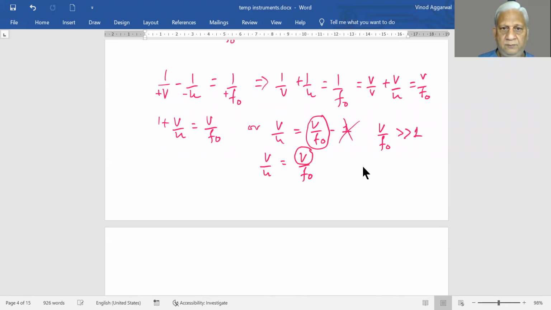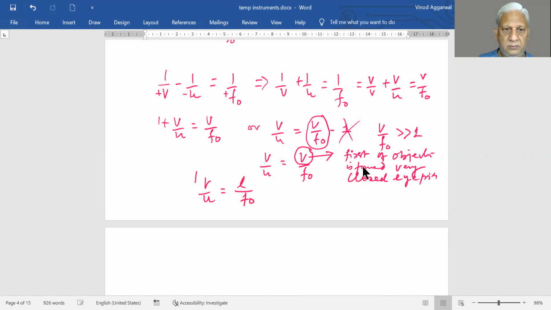Now this V, the first image of the objective, is formed very close to the eyepiece. So effectively this is nothing but the tube length. So this becomes our relationship: V by U is L by FO.